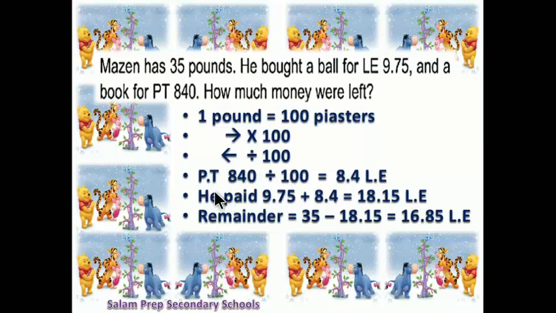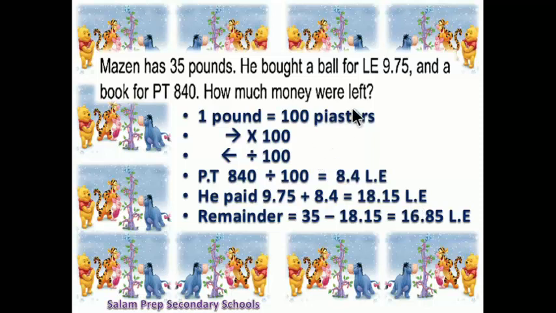We can convert 840 piastres to pounds. 840 divided by 100 equal 8.4 pounds. Now we can find what Mazen paid. 9.75 plus 8.4 equal 18.15 pounds.